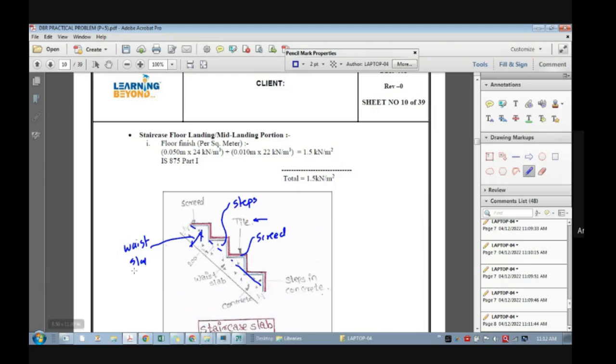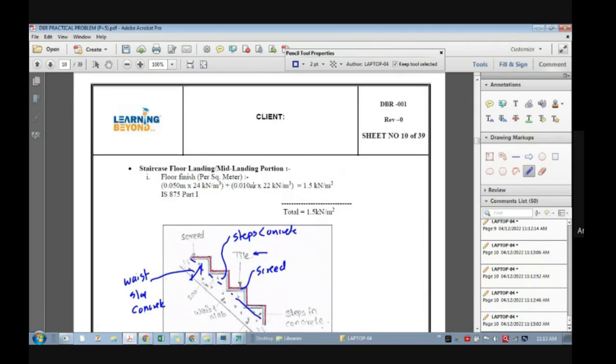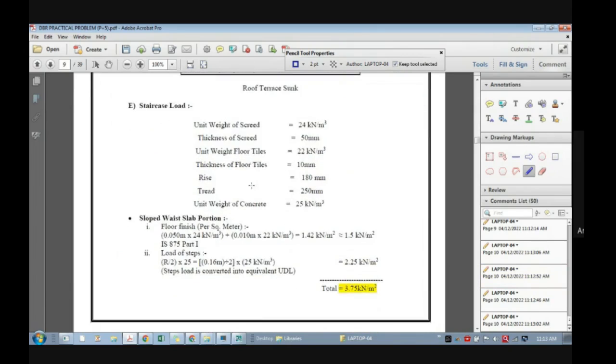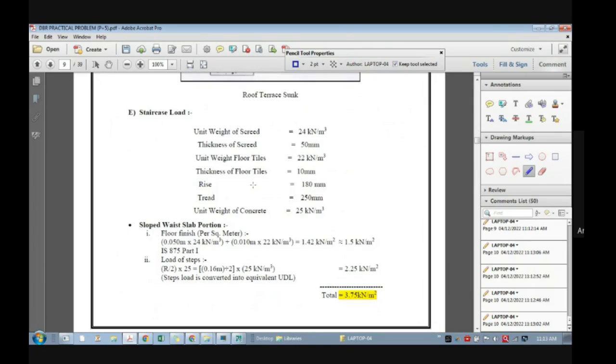And waist slab is generally concrete. All of you know it is concrete. Then this triangular step is also concrete. So we will use the density of concrete for this calculation. Then screed also, you know the density of screed and density of tiles. So this is given here. First you need to mention the density of all the materials, screed, tiles, and unit weight of concrete.